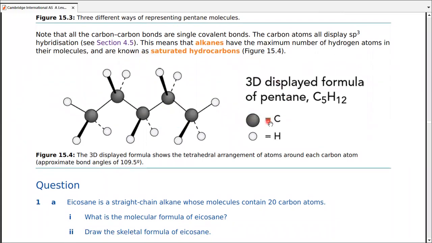Now, I hope you understand the dotted lines and the wedges or the straight lines, what do they mean? Keep in mind that straight lines mean in the plane, they are actually a part of the plane. Wedges mean sticking out of the plane, dotted lines mean sticking into the plane.